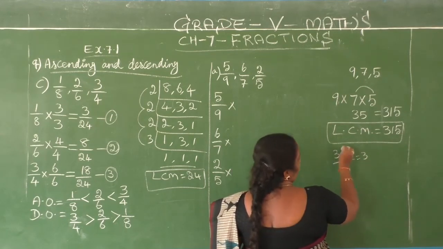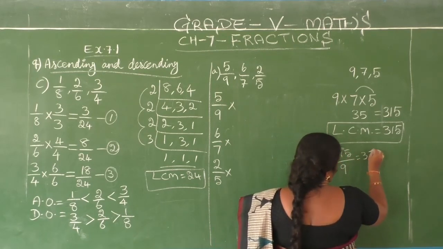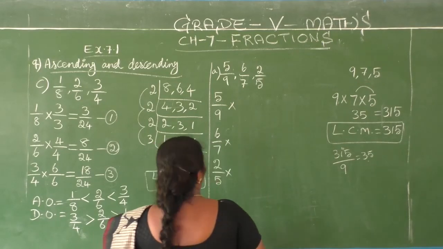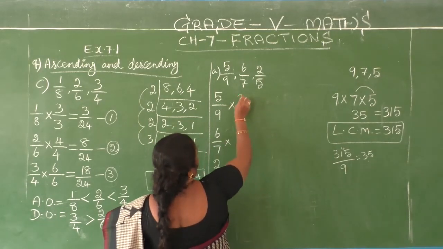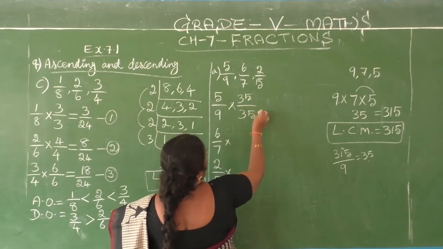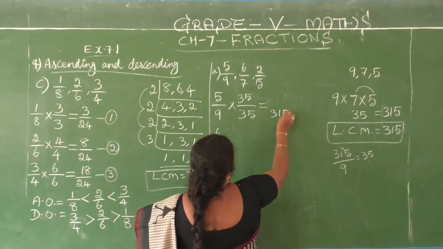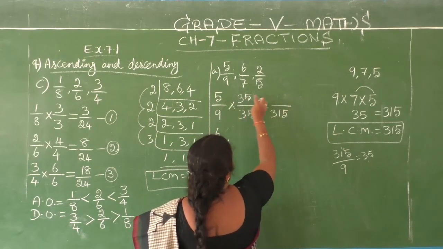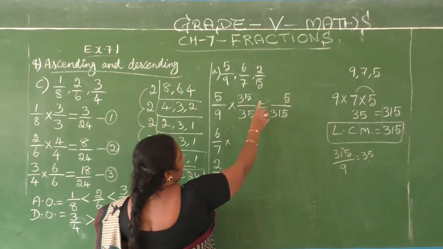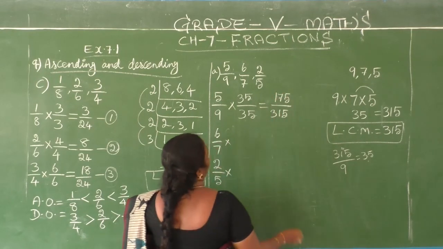Remaining 4. Join here means 45. 5 9s are 45. So 35. So I am going to multiply the fraction by 35 by 35. So here in the denominator it will come 315. Here 5 5s are 25, 5 carry. Remaining 2. 5 3s are 15. 15 plus 2, 17.